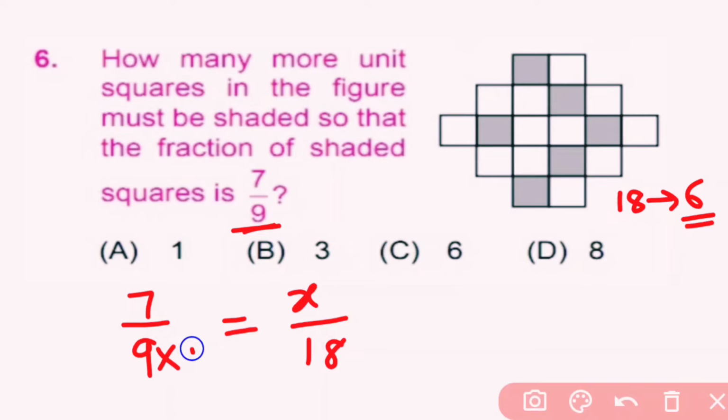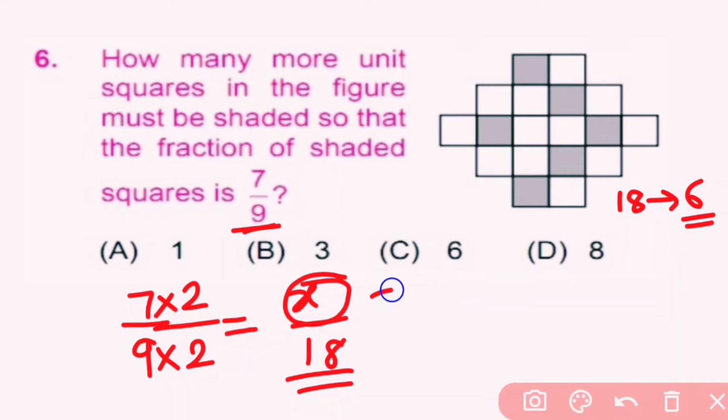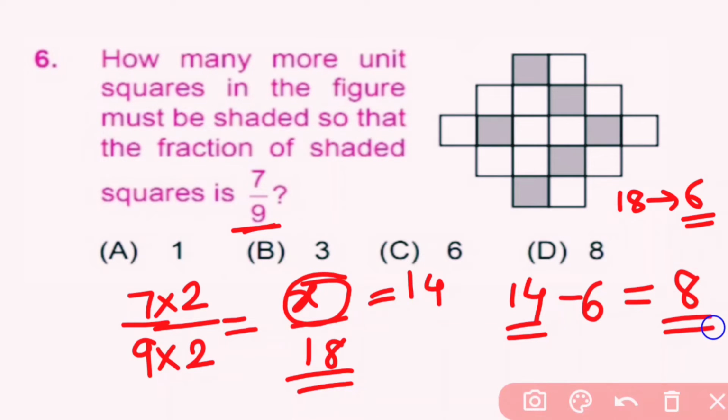So here 9 into 2 is 18, so we multiply here by 2. So 2 into 7 is 14. So x is 14. Means the total number of shaded squares is 14. And out of 14, in the given figure 6 are shaded. So the remaining 8 must be shaded to make the fraction equal to 7 by 9. So here D is the correct answer.